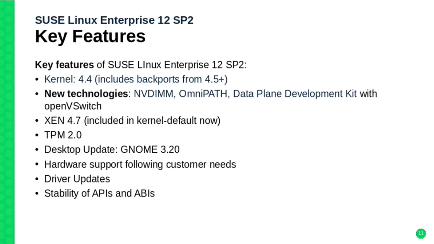For those that are not simply working on consoles and the hardcore server stuff, but have need for graphical stuff and administration tools, we upgraded the desktop. GNOME 3.20 is it for most of the packages. Some packages are still on a slightly older version where we didn't see it fit to upgrade because the changes that were coming with the new one were not stable enough or not fitting really into the whole system. 3.20 also on the SLED product with a lot of things.